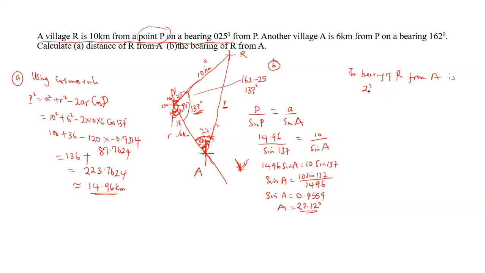That will be 27.12 degrees minus 18, and that will give us 9.12 degrees. If you approximate to the nearest degree, because it is bearing, you write it in 3 digits. That will be 009 degrees. So that is how we solve it.